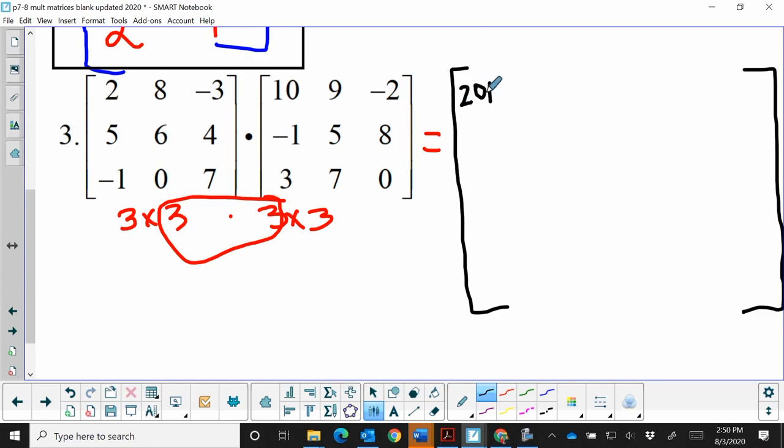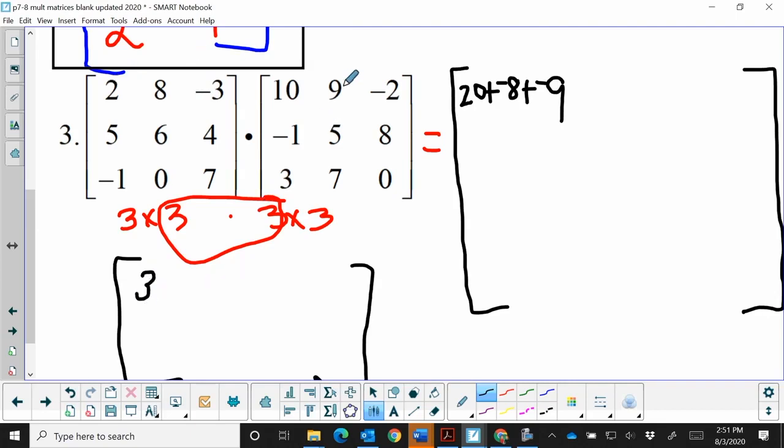Now I'm going to add to it 8 times -1, which is -8, plus, yes, a third one, -3 times +3, which is -9. Okay, so that means my very first top left position will be 20 minus 8 is 12. 12 minus 9 is 3. So that's just positive 3.